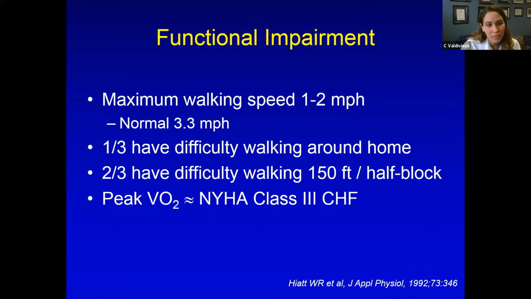But if a patient tells you that they have to take frequent breaks, these measures here are a little bit more specific. If you have difficulty walking around your home, and 1/3 of these patients have that, 2/3 have difficulty walking 150 feet or half a block. And this may be equivalent to the peak VO2 of patients who have New York Heart Association class 3 heart failure.